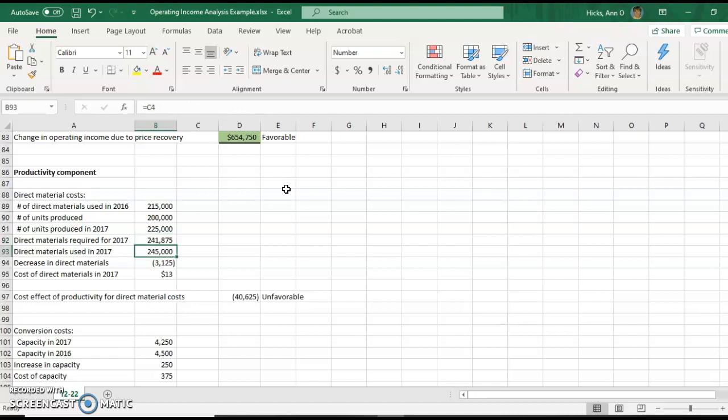In fact, what we used in 2017 was 245,000 t-shirts, which means we actually used 3,125 t-shirts more in 2017 than we would have producing that same amount in 2016. At our $13 price in 2017, that's a cost impact of $40,625. Unfavorable because we actually used more than 2016's rate of usage would have indicated.